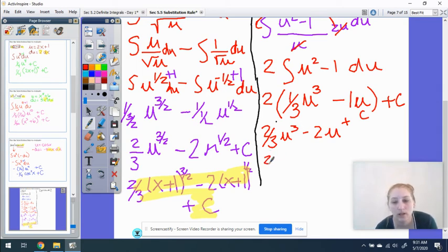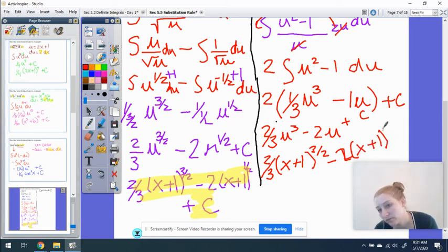So we're going to say 2/3 x plus 1 to the 3/2. So the exponent part stays at the top. This comes from that square root. All right, and that's going to be minus 2 x plus 1 to the 1/2 plus c. Now you'll notice that's exactly the same thing that we got the first way we did it. Okay, so that's really interesting.